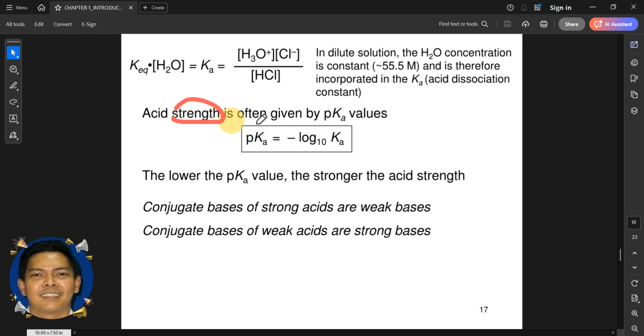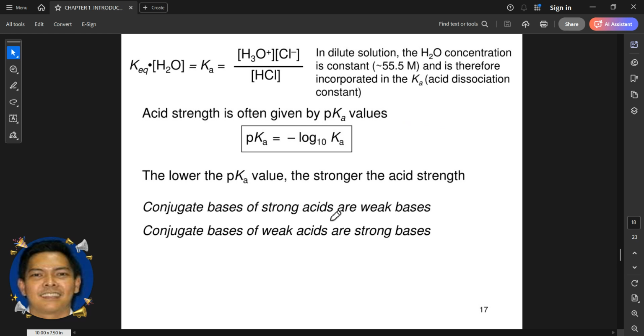Acid strength is often given by the pKa value. pKa is equal to negative log10 Ka, the acid dissociation constant. The lower the pKa value, the stronger the acid. So you must remember, the lower the pKa, the stronger the acid will be.